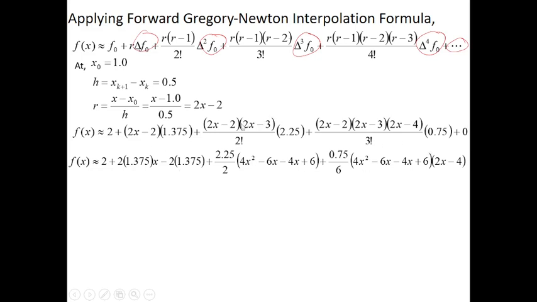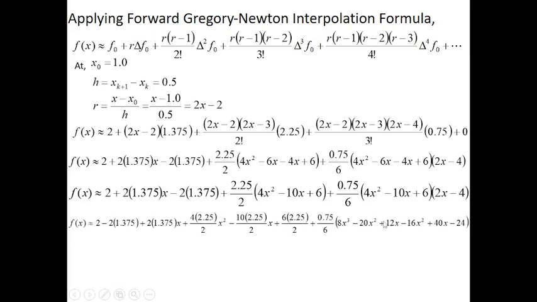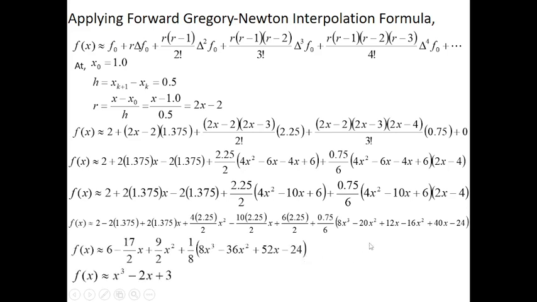You know how to simplify, you know how to perform algebra, so I don't think I need to explain it in detail. And we'll arrive with this answer: x cubed minus 2x plus 3, which is a third degree polynomial.